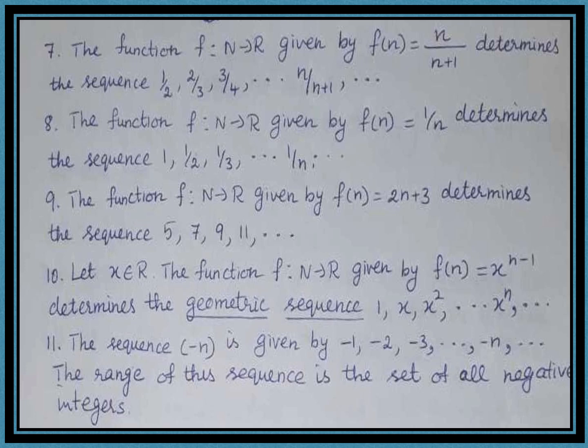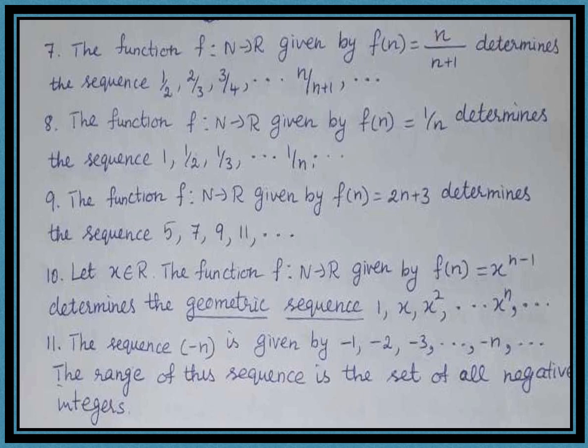When we put n = 2, we will get x^(2-1), that is x. The next term will be x squared, etc. This sequence 1, x, x squared, etc., x^n, etc. is called a geometric sequence.